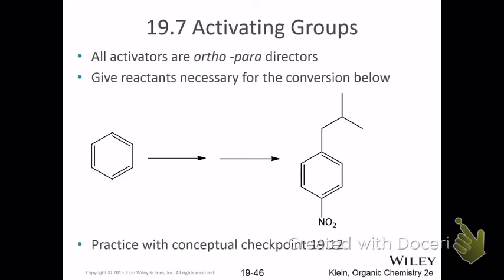Now, in the very early part of the chapter, here's benzene, make this, it has one substituent, all you have to do is come up with reagents, right? Oh, it's a nitration, or a sulfonation, or acylation, or alkylation, or bromination, or blah, blah, blah. Okay, but if you want to make this, you have to plan your synthesis.